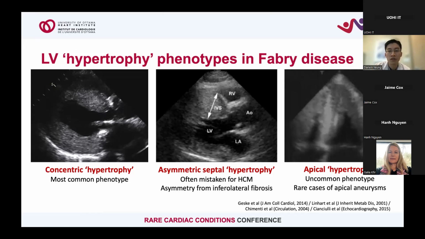The asymmetry is thought to be contributed by the fibrosis that seems to be preferentially involving the inferolateral walls, creating this asymmetric appearance. Increasingly recognized is this apical hypertrophy variant that is not only seen in HCM, but can also be seen relatively commonly in patients with Fabry disease. And we also see these rare cases of LV apical aneurysms that develop and are likely associated with this phenotype.